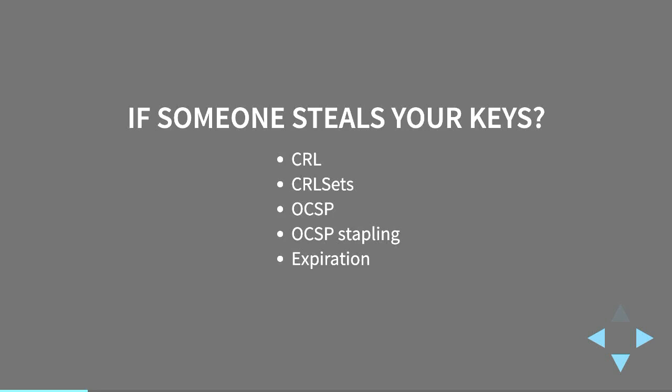So your options are CRL, which is basically a system that advertises in the certificate, OK, here is the endpoint where you can update the list of revoked certificates, and you should do that periodically. This has problems with a lot of things we'll see later, but mostly with size of updates and periodic updates.